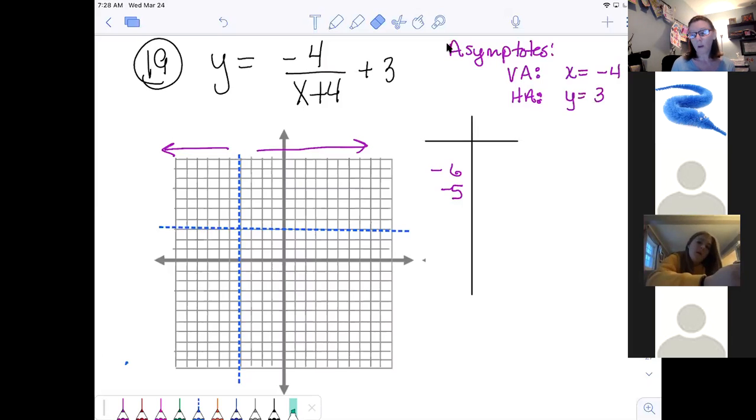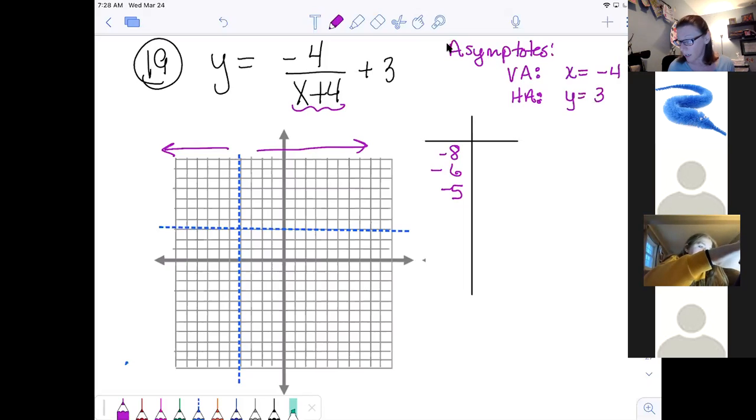And then I still want to pick one more number. Maybe you want to pick -8 because -8 plus 4 makes a -4. I'm trying to look at the denominator and choose my numbers so that it works nicely with the number on top, that numerator of -4. So now I have three numbers that are to the left of -4.